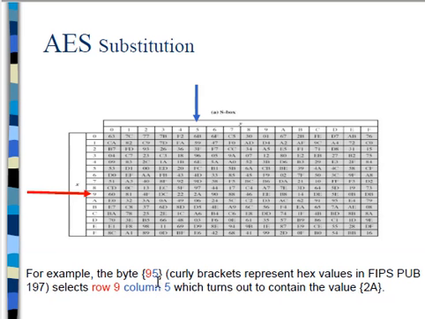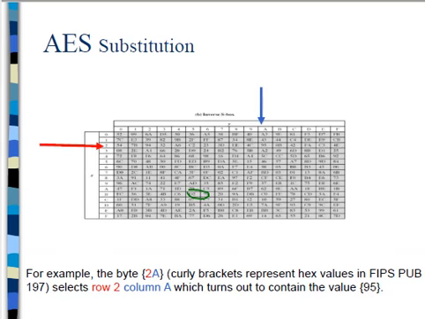The first part, 9, shows the number of rows, and the second, right side shows the number of columns. The intersection of this row and column is this part, which is equal to the value 2a. Hence, we replace this value 9, 5 with the value 2a in hexadecimal.